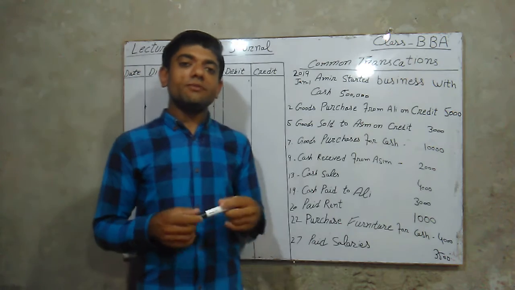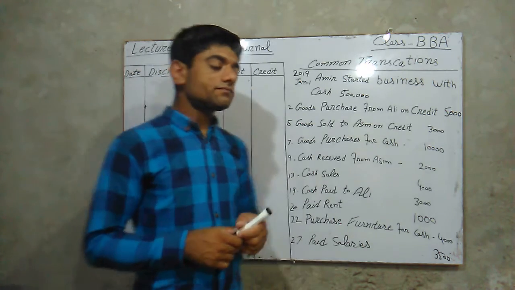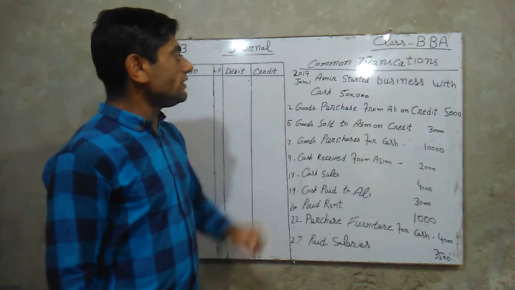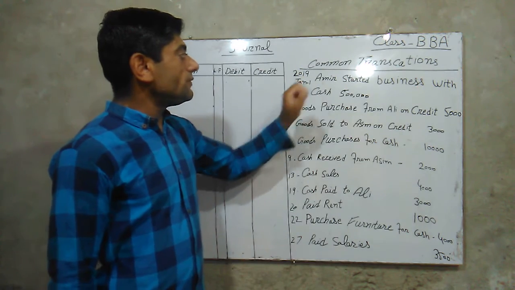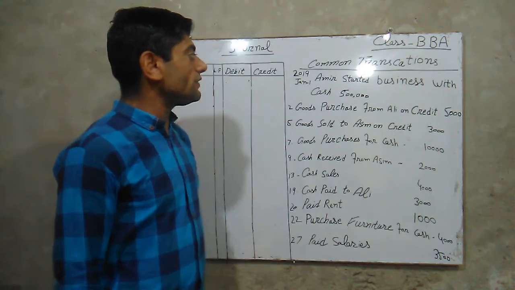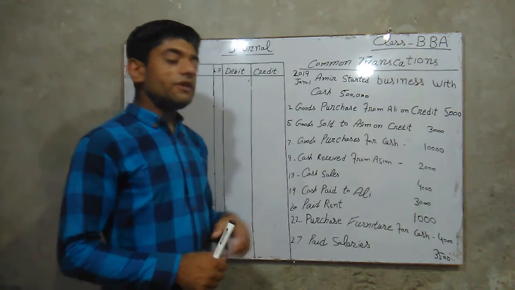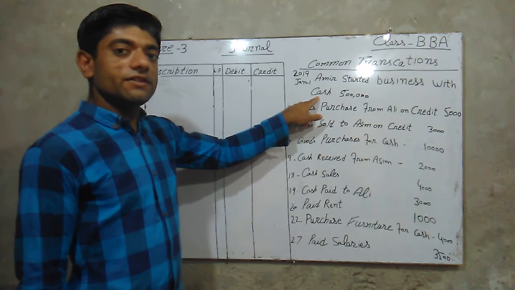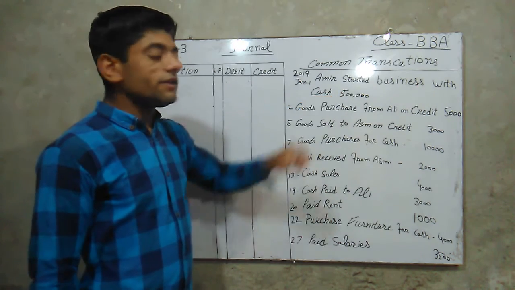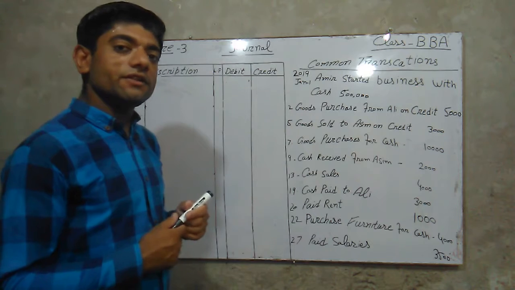So now I am going to start my lecture. First transaction: 2019 January 1st, Mr. Amir started business with cash 5 lakh. Cash is our asset, when it increases it's debit, and capital is owner's equity, when it increases it's credit.